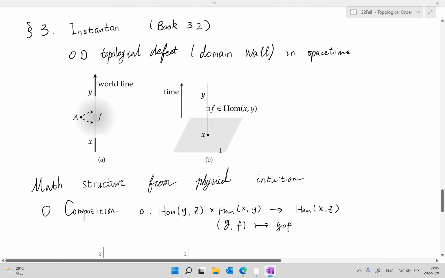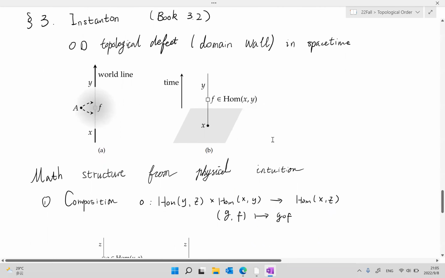Instanton, we can view it as a defect. So remember, such as in 2D, the space dimension is 2, and we always have one time direction, and we picture this thing like this.